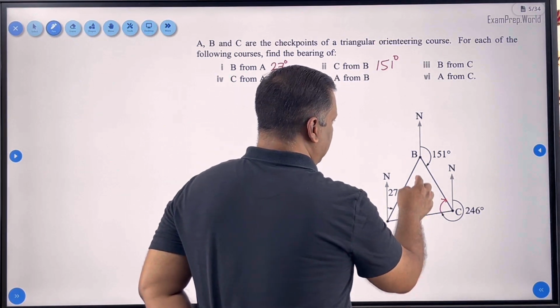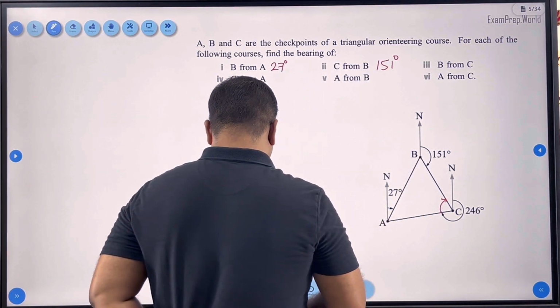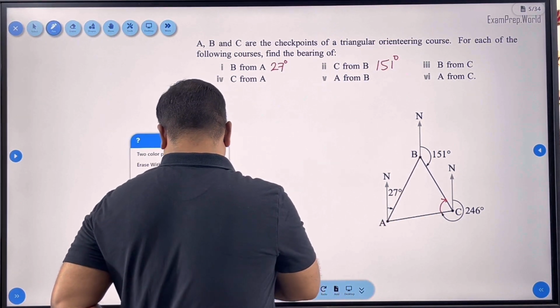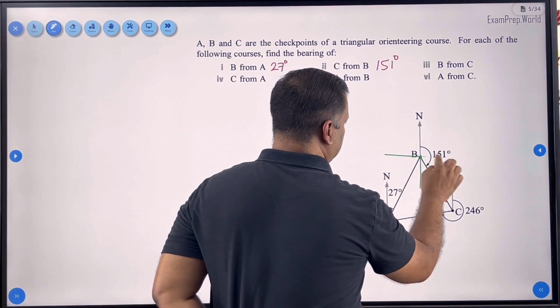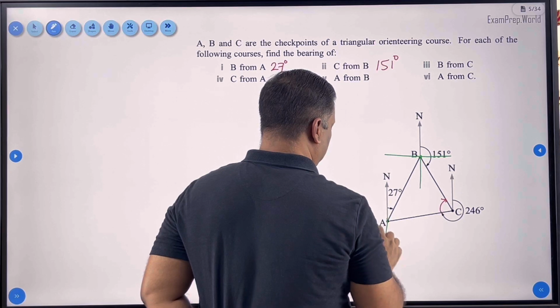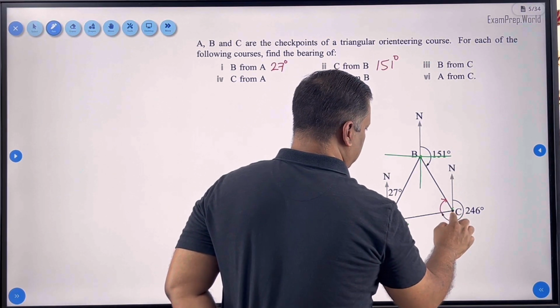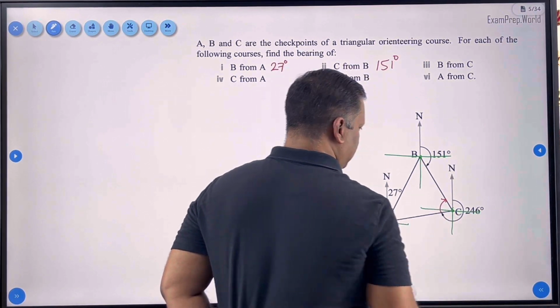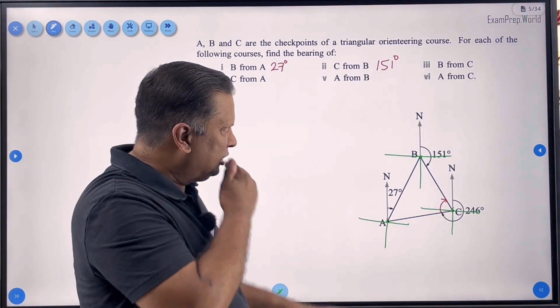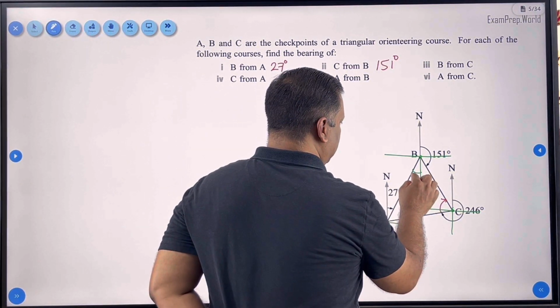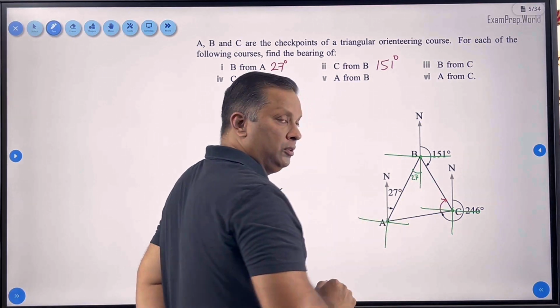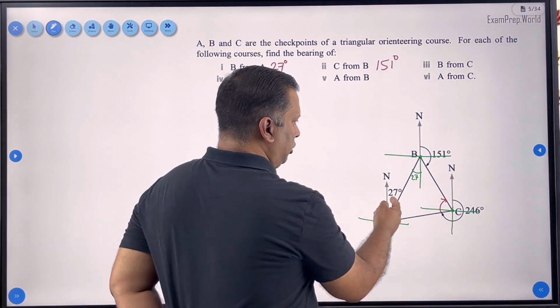To get to know this angle, we will draw some axes over here like this, okay? Some axis over here like this, some axis over here like this, okay? This makes our job a little easy. So this is 27, kids. 27, okay, right? Because of alternate interior angles.